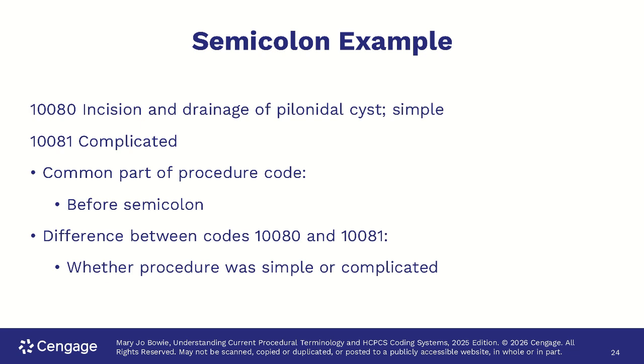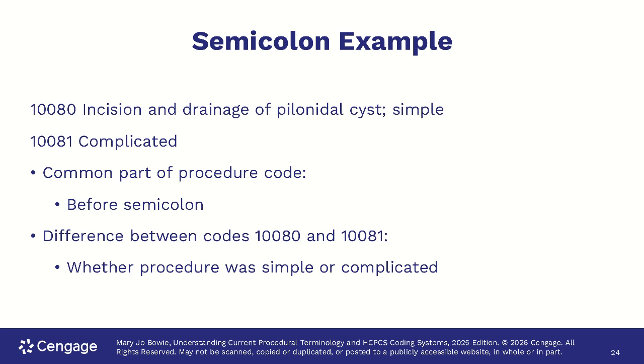So let's continue. In the CPT manual, and it's not indented on this slide, but in the manual, it is 180, 181. 180 is incision and drainage of a pilonidal cyst, simple. But then 181 just flat out says complicated. Complicated what?